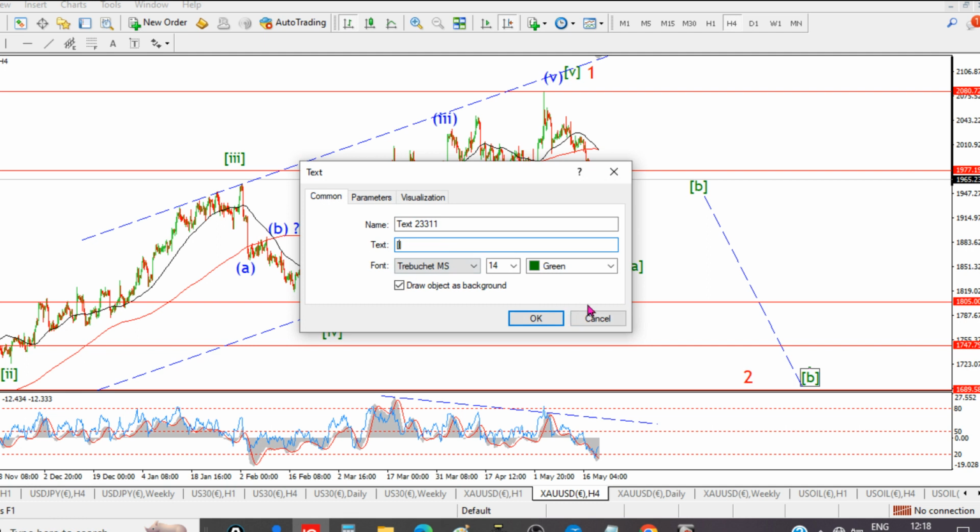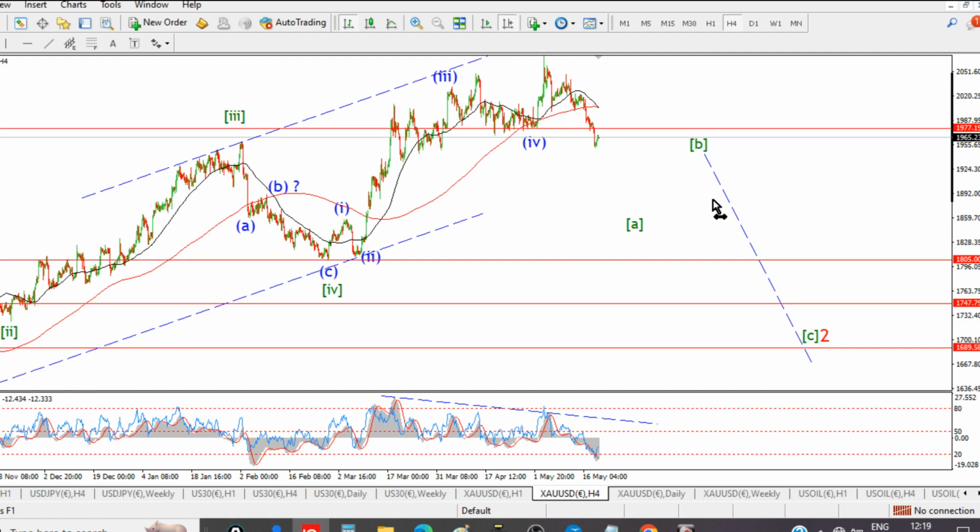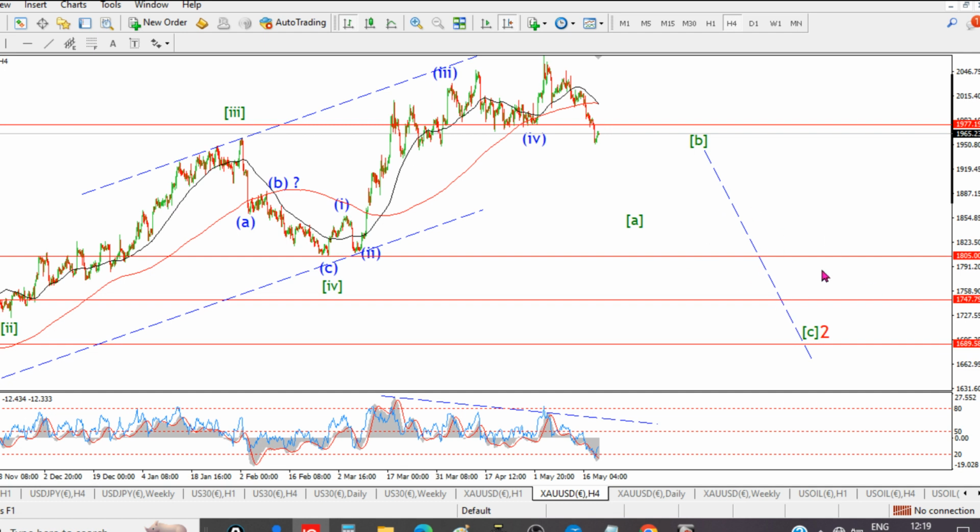We're definitely starting to see a more constructive downside pattern. So I don't think I have to convince you so much anymore that we are looking lower for at least a medium term, probably towards below 1800 anyway, maybe as low as 1700 in wave 2.